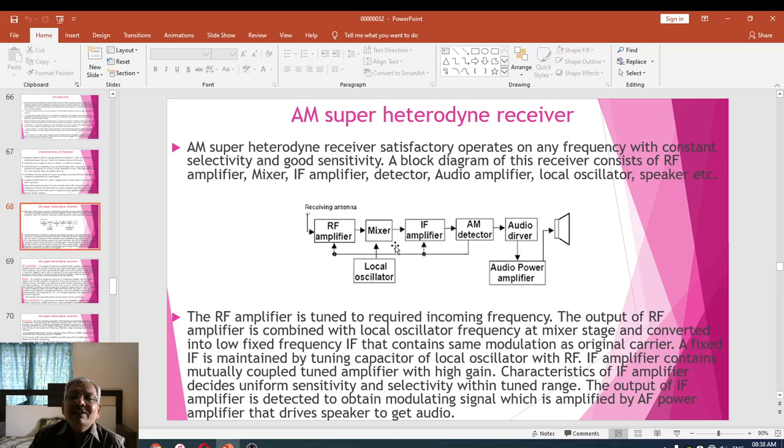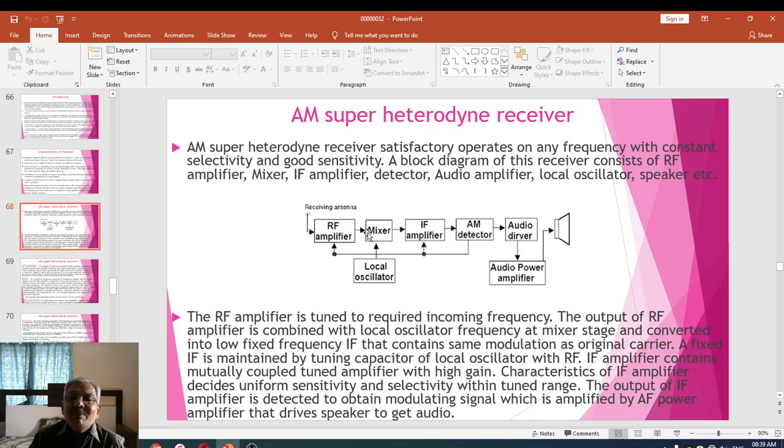The difference between the local oscillator frequency and the signal frequency obtained at the output of the mixer is called the intermediate frequency. The combination of RF amplifier, mixer, and local oscillator is called the RF tuner. This section is used to tune the receiver to the incoming transmitter frequency.